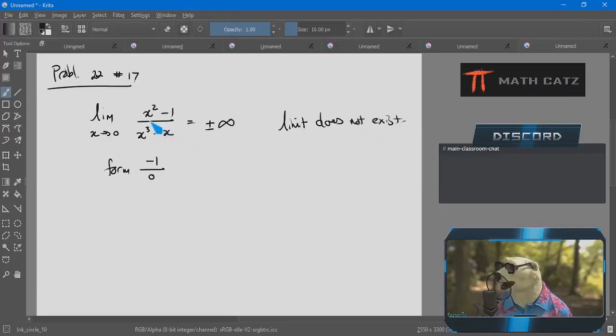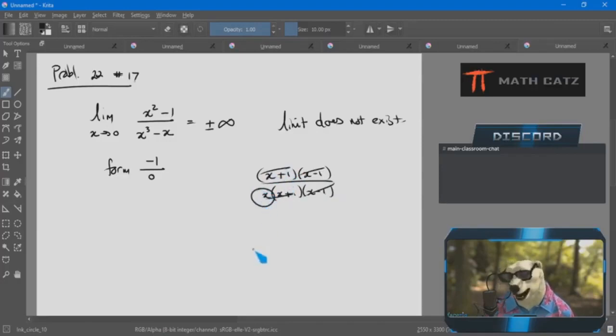If you want to factor this, the top goes to x plus 1, x minus 1. The bottom one, I can factor out an x, and then I have x squared minus 1, which is going to be the same. I'm doing all this work, and I'm not getting rid of the problem. The form tells me I will never get rid of the problem.